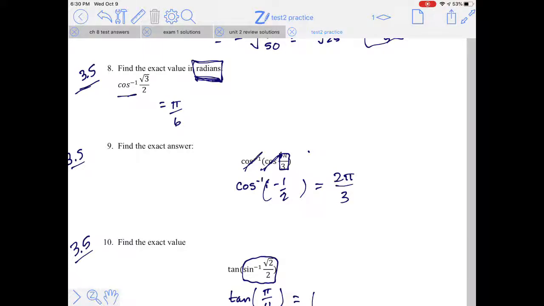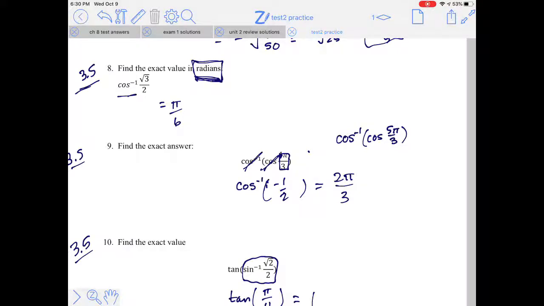If it's beyond quadrants 1 or 2, so we could have done inverse cosine of, let's see, what did we have there? 4 pi-thirds? Yeah. So we could have done 5 pi-thirds. And where is 5 pi-thirds? Should be in quadrant 4, isn't it?